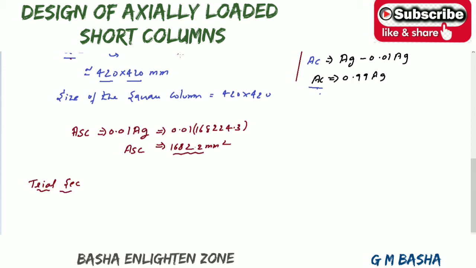So here minimum number of bars required for the square column, how many bars? The minimum number of bars will be 4 for this rectangular or square cross section. If it is a circle, the minimum number of bars will be 6. So therefore I am starting my trial with 4 number of bars.